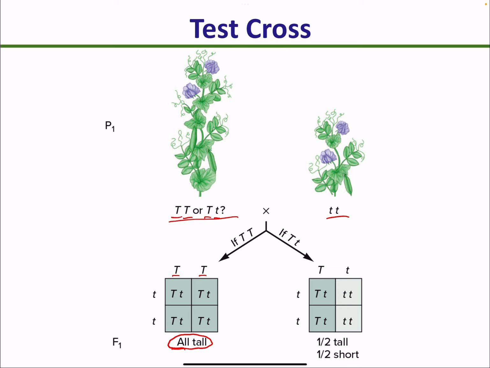While in the second possibility, where the tall parent is capital T, lowercase t, the ratio is going to be 50-50. So 50% of the population is going to be tall, while 50% of the population is going to be short. At least 50% of chance, right?